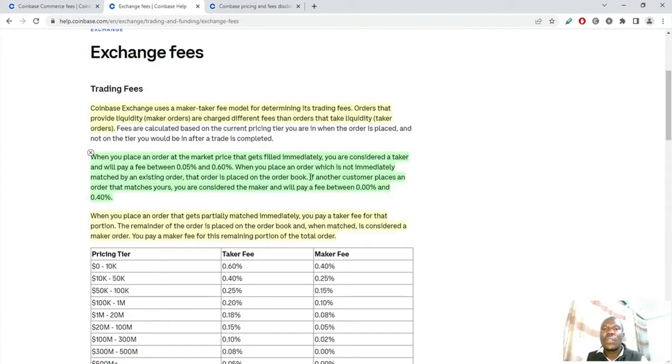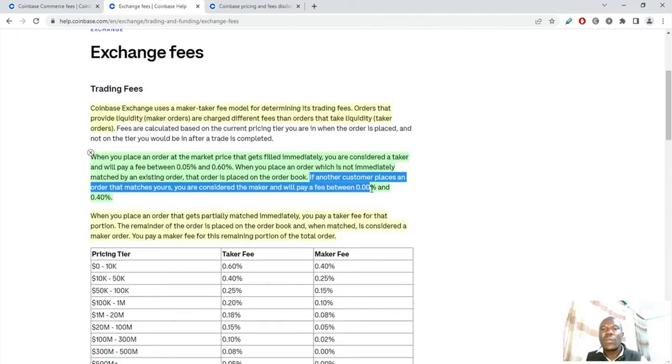If another customer places an order that matches yours, you are considered the maker and you will pay a fee between 0% and 0.4%.